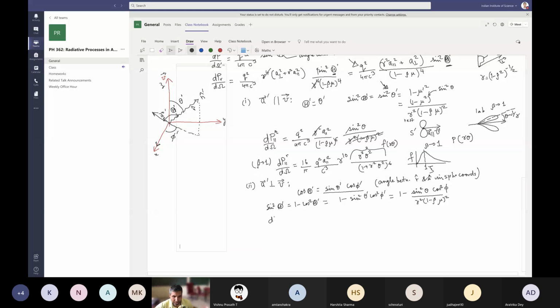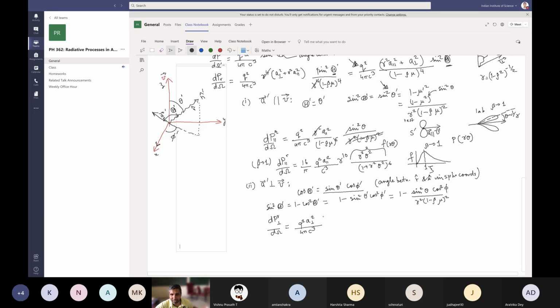So your dP perp by d omega is equal to q squared a perp squared by 4 pi c cubed. I'm just writing this formula, this one.